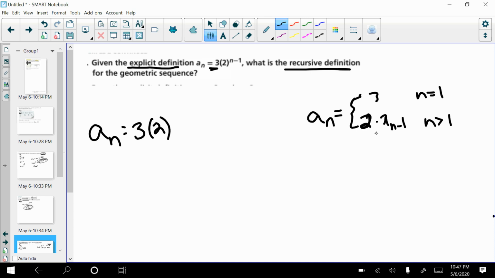I had a massive mess up there. So it would just be 2 times, that's the R, times the term in front of it. That's all we need. All right?